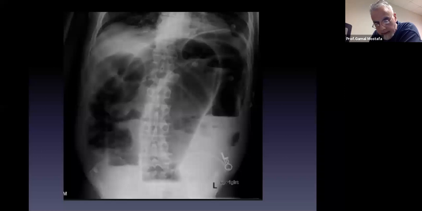We may, but we don't know. I honestly have no idea what this X-ray is and what's causing all this. To go to the operating room unprepared, not knowing what's causing all this, can be really a big problem.